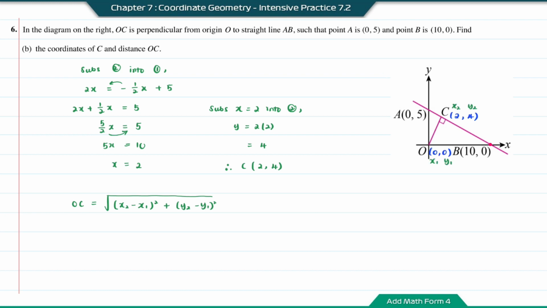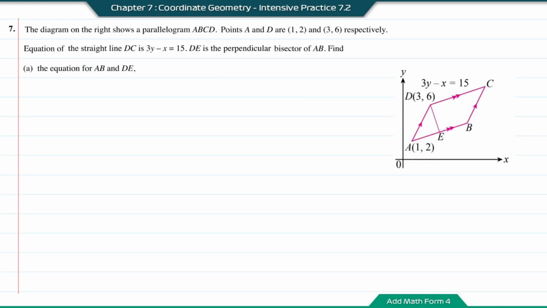As the coordinate of the origin is (0, 0), the distance OC will be the square root of (2 minus 0) squared plus (4 minus 0) squared. So the answer for this is equal to 4.472 units.